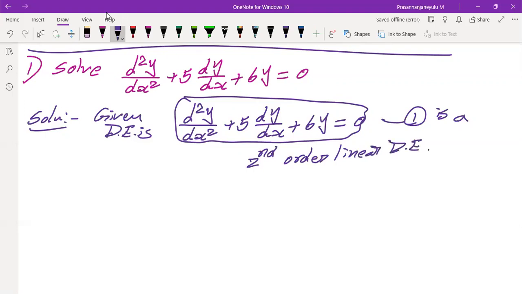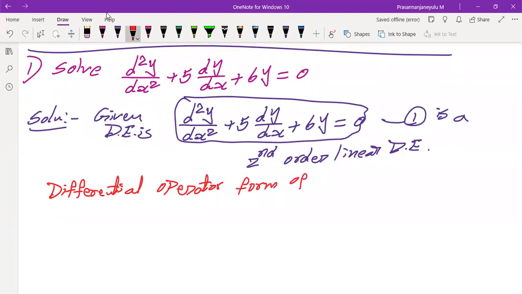Now, whenever they are giving an order more than 1, immediately what we have to do is convert it into differential operator form. What is the differential operator form of equation 1?